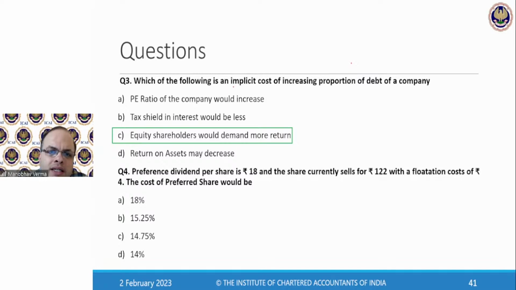Now, implicit cost of increasing proportion of debt. Guys, if we keep on increasing the debt, it will be a little bit more risky to the organization. So investors, owners might feel insecure. So when we say PE ratio of the company would increase, first of all, it is not an implicit answer, right? We're talking about implicit. The word is implicit.